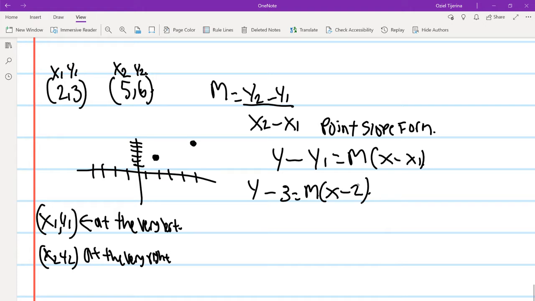So we have y2 minus y1, so we would say 6 minus 3 divided by 5 minus 2. So then it would be 3 over 3, and then it would be 1.